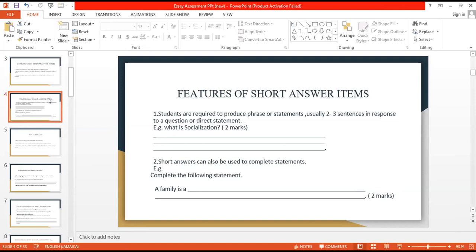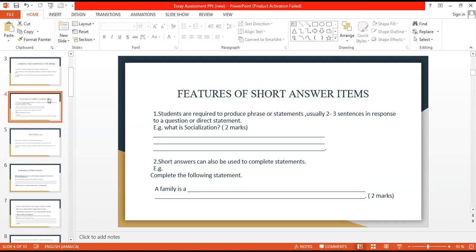So you make sure you specify that in the instruction part of the item. So you say something like, in 2 or 3 sentences at most, explain what is socialization. And if you're looking for an example, then you have to say with 1 example.